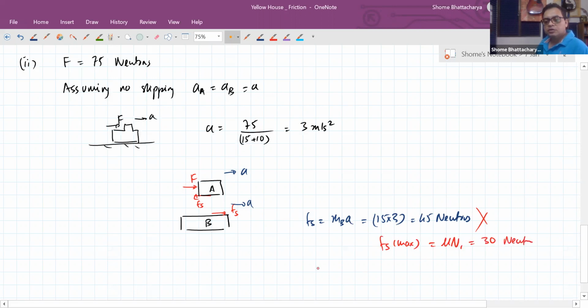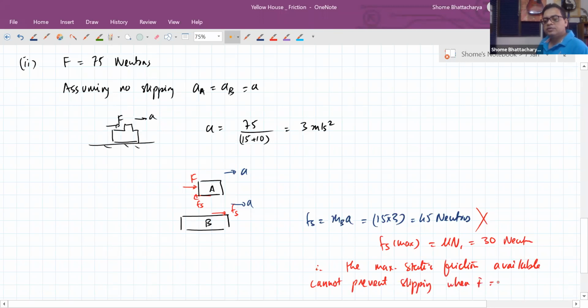So therefore, the maximum static friction available cannot prevent slipping when F is equal to 75 newtons.